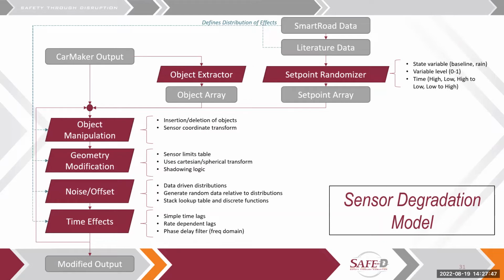So if we want to test a different sensor, we can adjust the ultimate range and field of view to cut back what the sensors are, as well as do any coordinate transforms. And then we inject the noise and offset from all the different distributions we saw relative to range and degradation level. And then we add in any sort of temporal effects, so lag or rate dependencies.